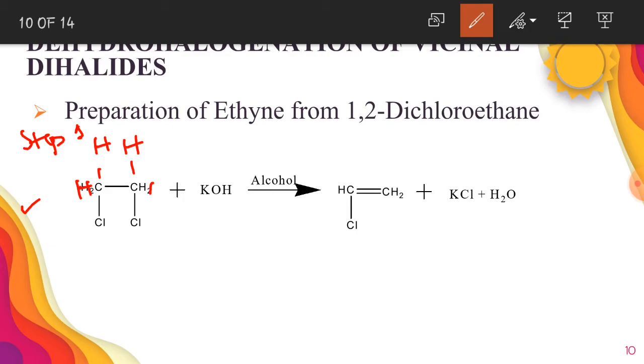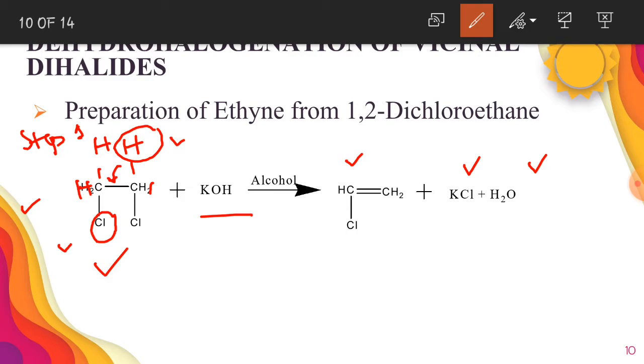Now in the first step, one hydrogen and one chlorine will be removed from this organic compound in the presence of alcoholic potassium hydroxide. When these two atoms are removed, there will be the introduction of a double bond between these two carbon atoms, and it will result in the formation of chloroethene along with potassium chloride and water.